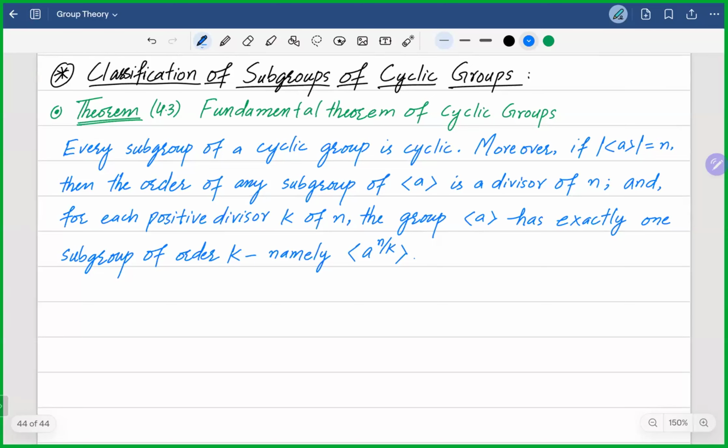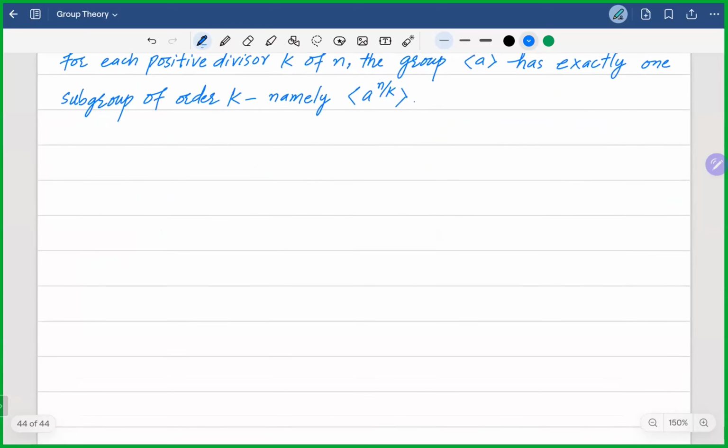So suppose G, an understanding of theorem 4.3.